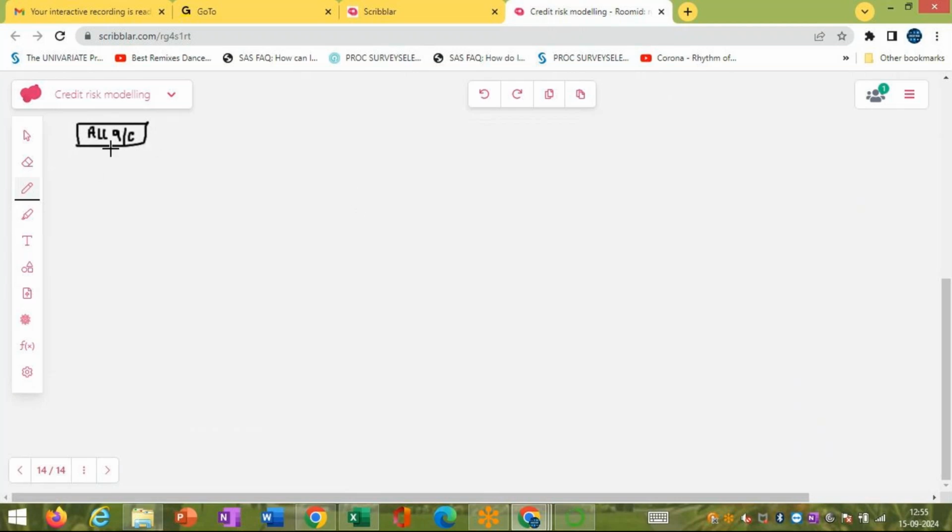Now, out of this portfolio, I have two broad kinds of borrowers. One obviously is the defaulters, and the other is the non-defaulters. Right? So I have the defaulters over here, and I am talking about my non-default.